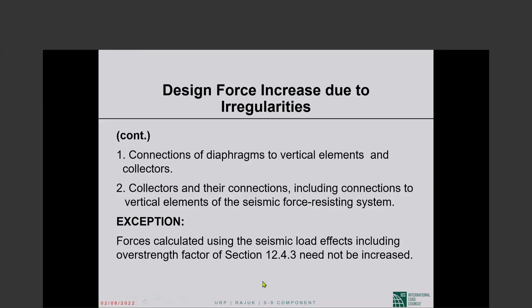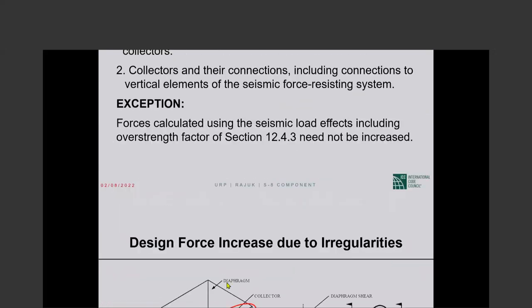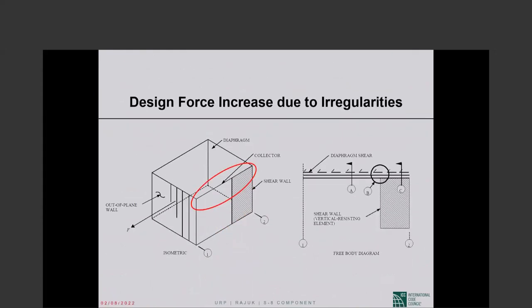And in that case, the 25% requirement goes away. It is not on top of omega sub 0. Okay. So most of the time, at least that part of the requirement will be moved in design category D. Okay. The explanation of where the 25% increase applies.